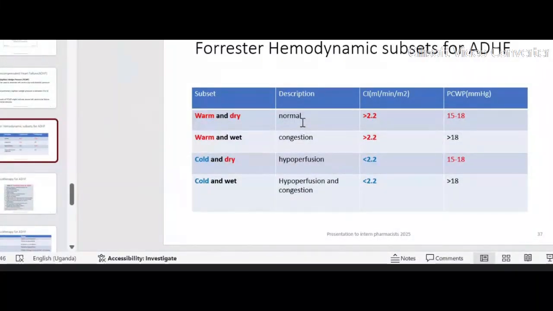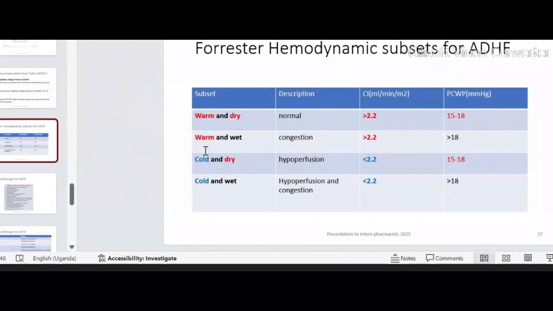The goal of therapy in acute decompensated heart failure is to take the patient out of decompensation and make them warm and dry. They come in with fluid overload, then they have good perfusion at the end of treatment, and they must be dry. When you listen to their chest, you won't hear crackles. That's a patient who can go home on GDMT.